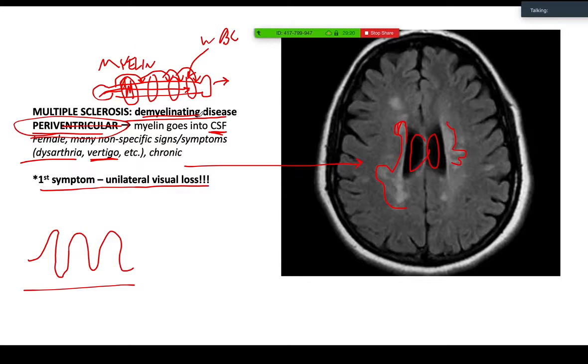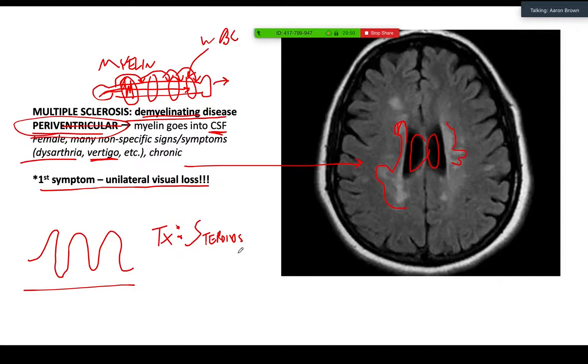Treatment here, it is an autoimmune disease, and so, how do we treat autoimmune diseases? Steroids. Okay? We're going to give steroids and induce a reduction in the activity of the immune system.